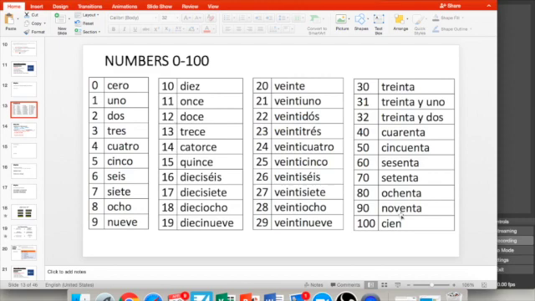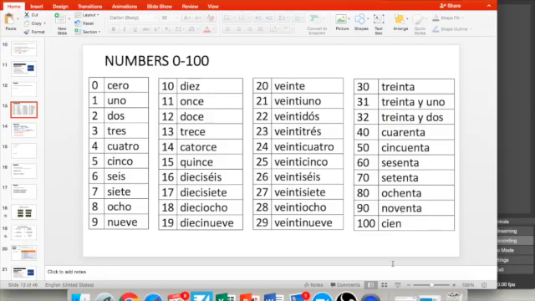So on and so forth, 18, 19, and then we get to 20. Kind of like you're getting a venti at Starbucks, except it's a 20. Okay, so 20, 21, 22, 23, 24, 25, so on and so forth. And then 30, 40, 50, 60, 70, 80, 90, and 100.